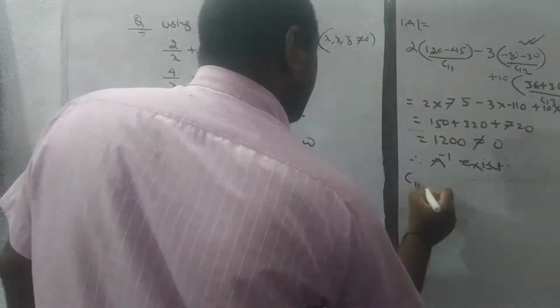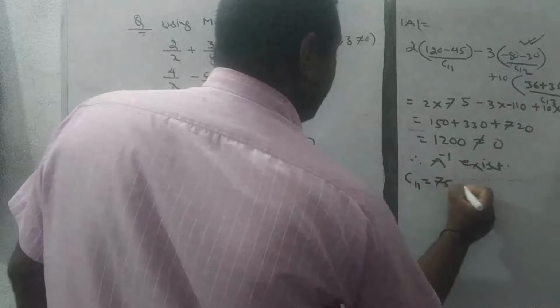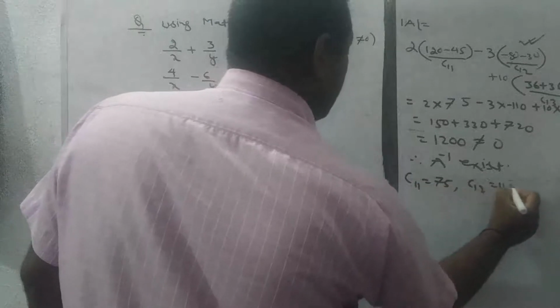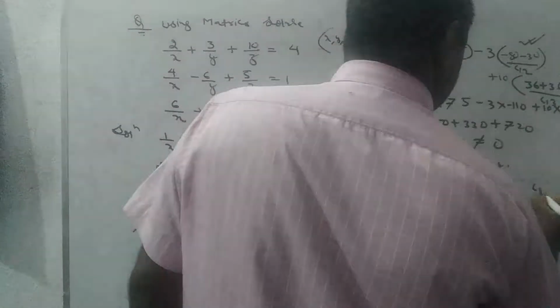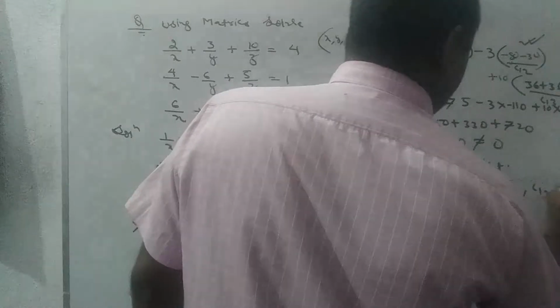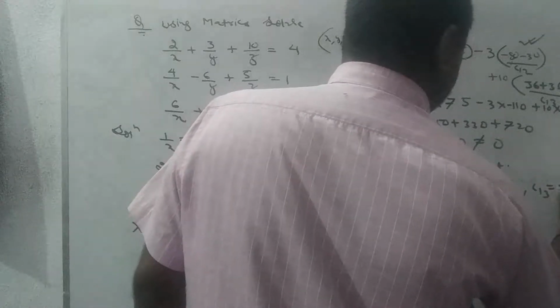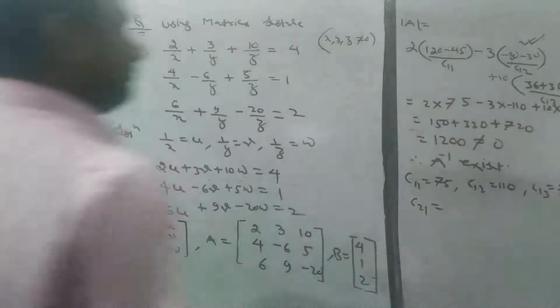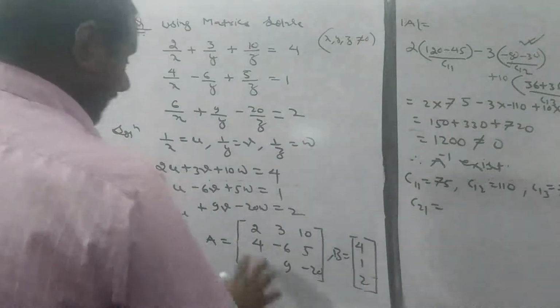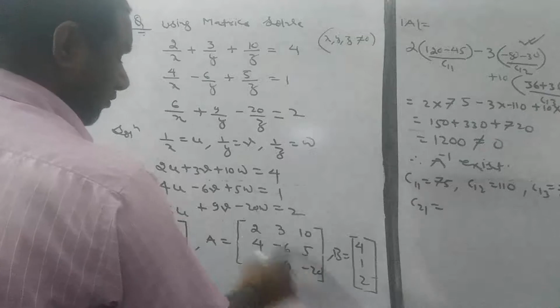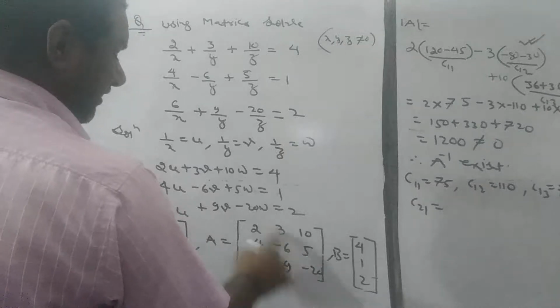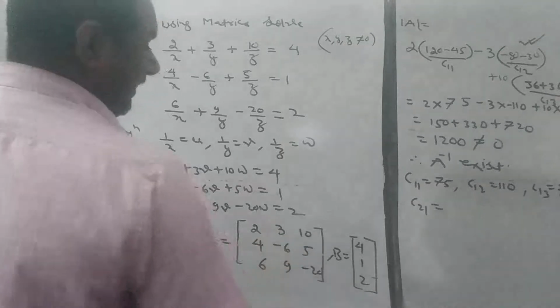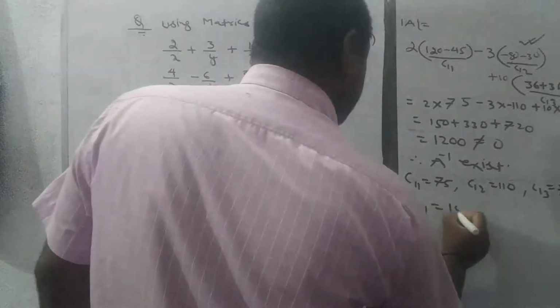So C11 is 75, C12 is 110, C13 is 72. What is C21? Delete second row and first column, so minus 60, minus 90. So it is 150.